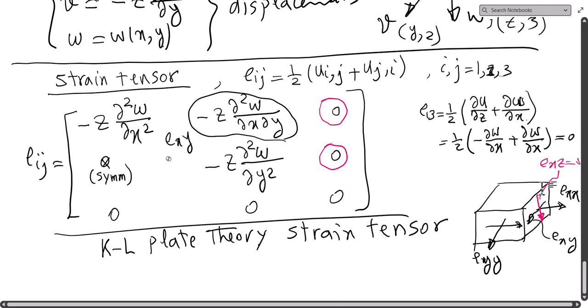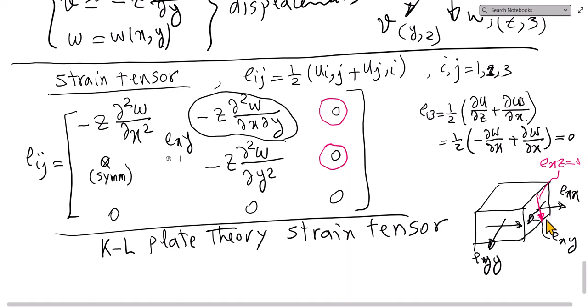So what does this mean? It means that the KL plate theory ignores transverse shear strain, which immediately signals that there is something missing here. We know that the plate will develop shear along the depth, and it is needed for equilibrium. So we will get to that.